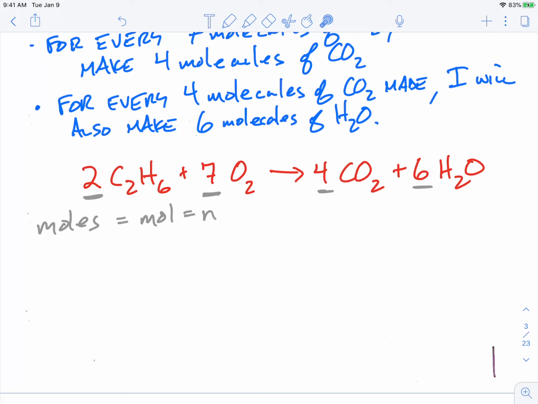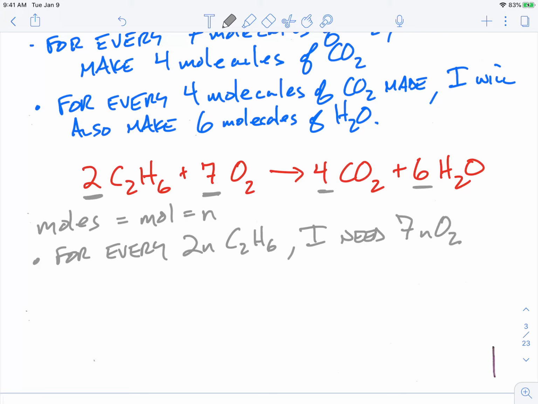All right. So let's look at everything in context of moles here, and we can write some new statements. For every 2 moles of C2H6, I need 7 moles of O2 to completely react.